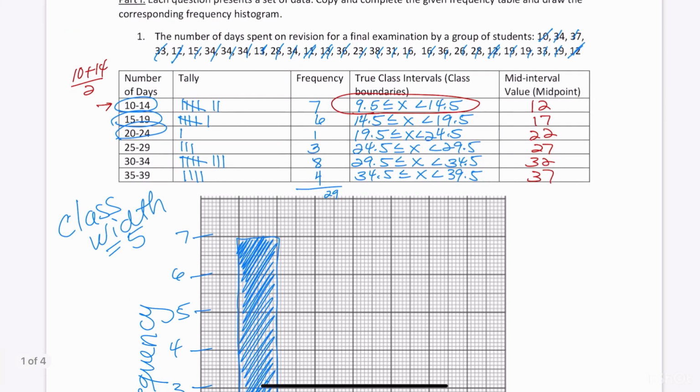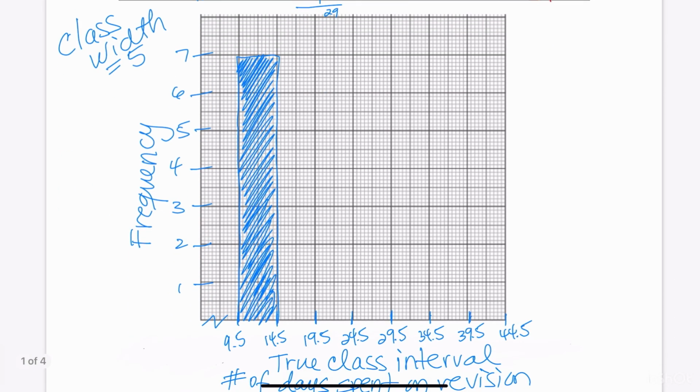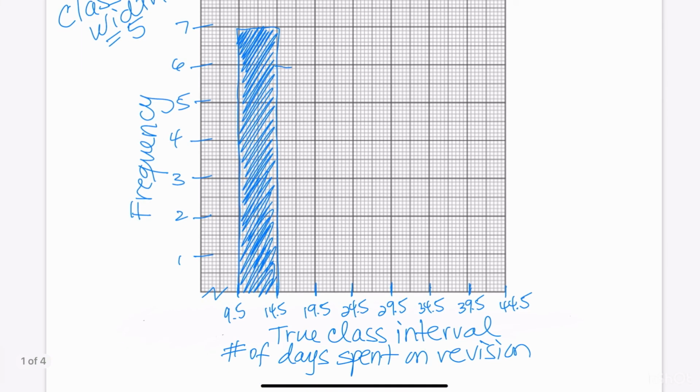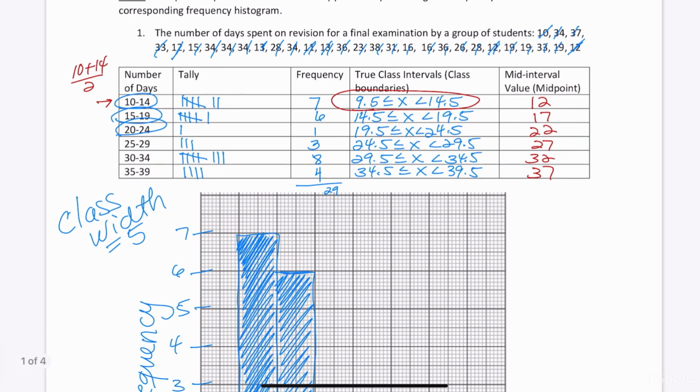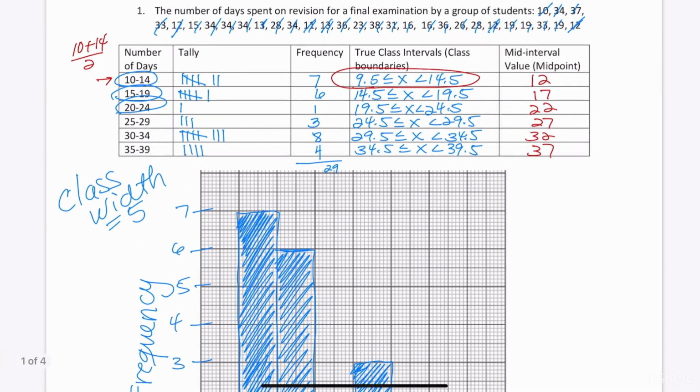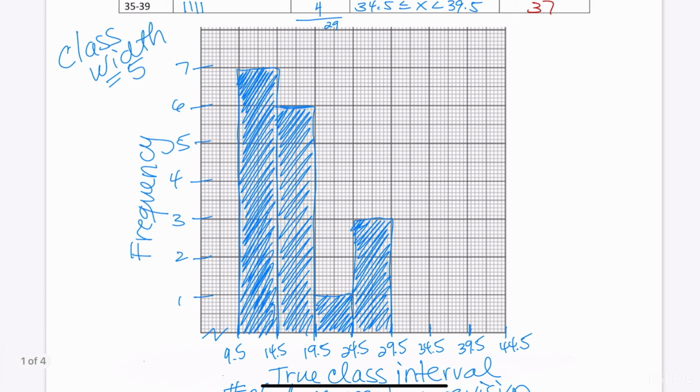The second one is going to go from 14.5 to 19.5, and the frequency is 6. So the second bar is going to be 6. The next one is 1, then 3, 8, and 4.